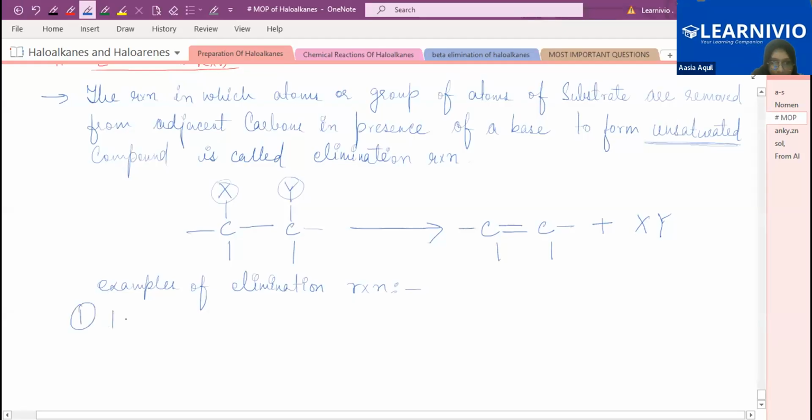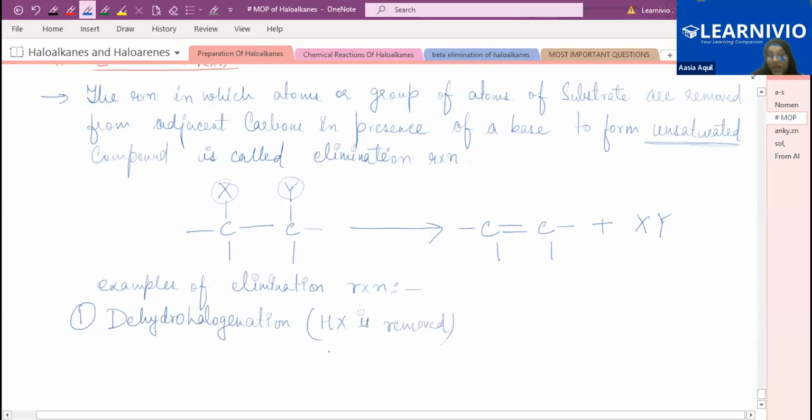First one, dehydrohalogenation. The word suggests that D means removal, hydro means hydrogen, and halogenation means halogen group. It means the removal of HX. So HX को आप remove करते हो. HX is removed.